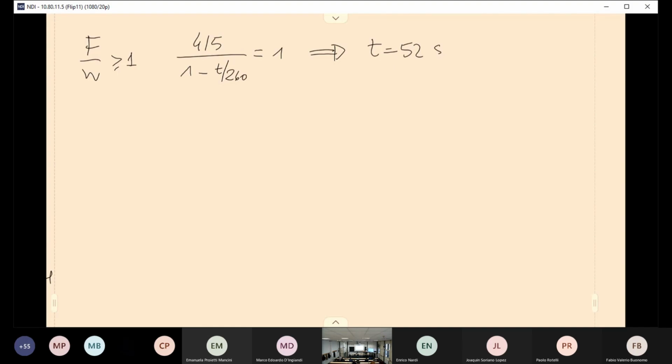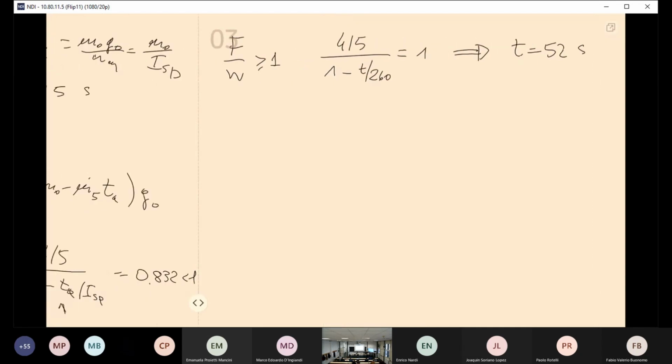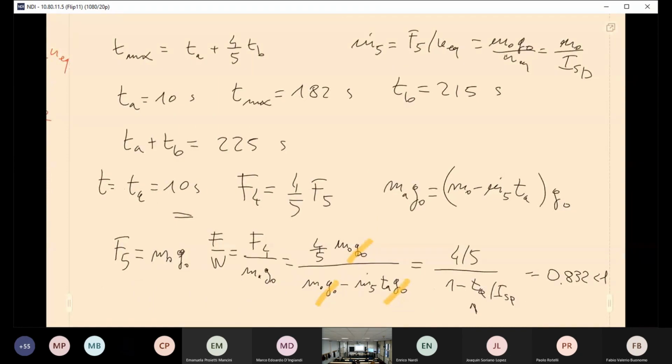So if you take this expression, you go back here. In general, when I make the equivalence between the thrust and the weight of the engine, this is because I'm considering that M0 G0 is equal to this one.